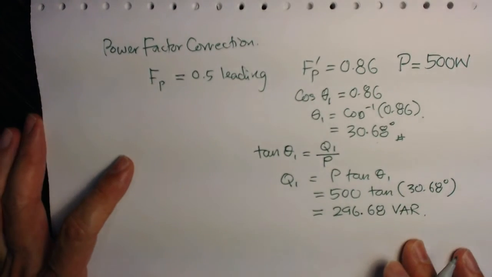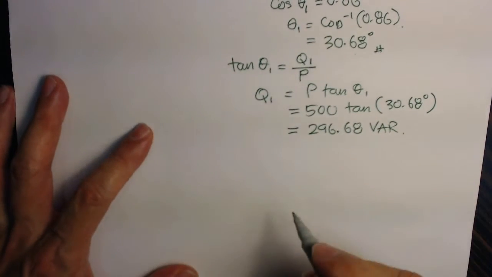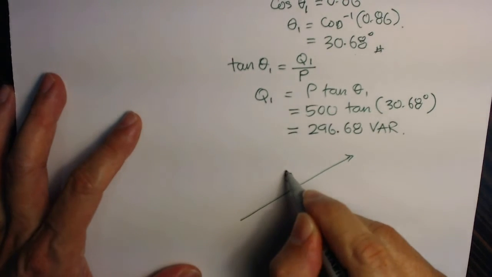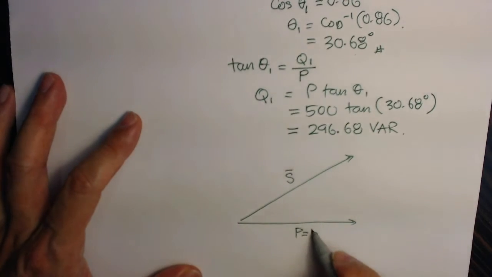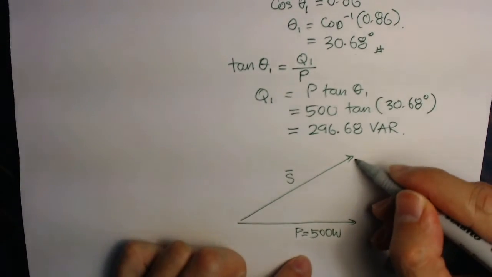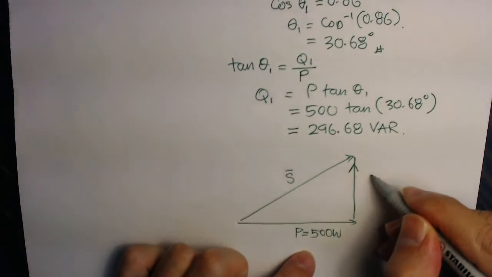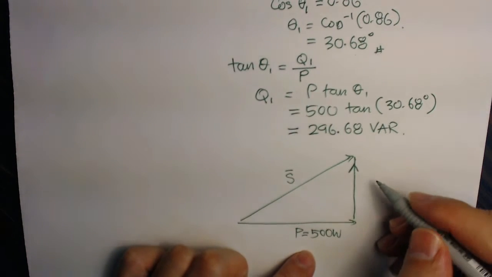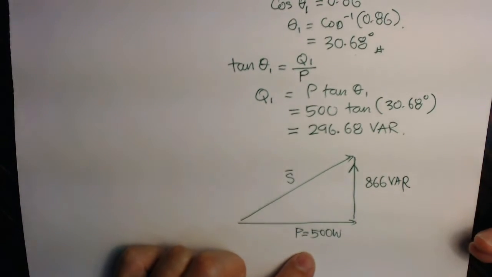Alright, at this juncture, it's good to have an idea what's going on. So if I were to draw the power triangle, then we can see it clearly. Okay, the original power triangle was something like this. This is the original apparent power, and this is the resistive power, which was 500 watts, and the original reactive power, which we calculated earlier, was 866 VAR, right?